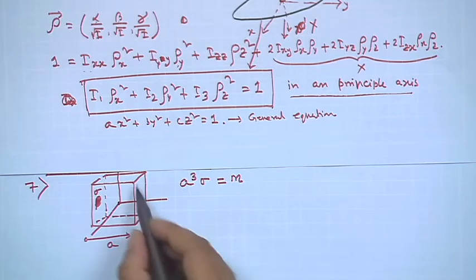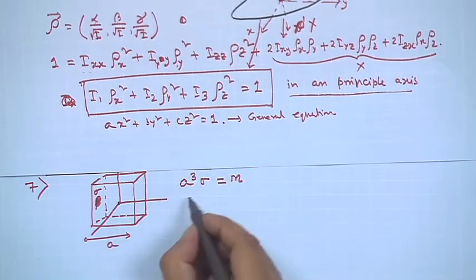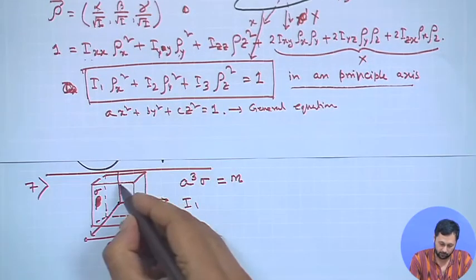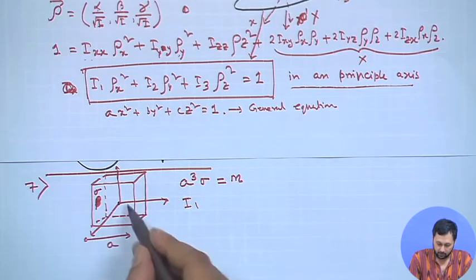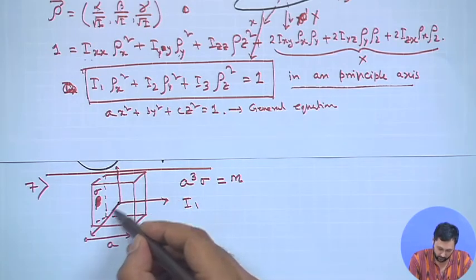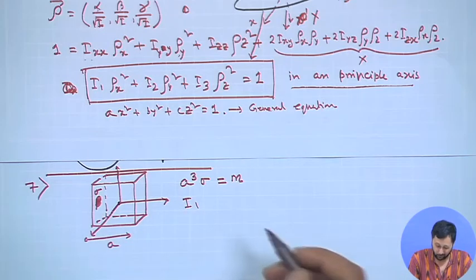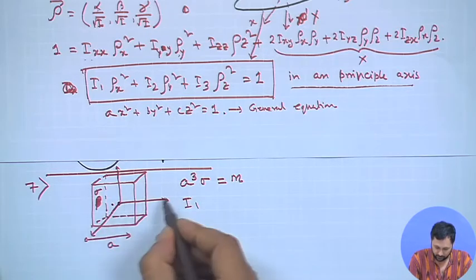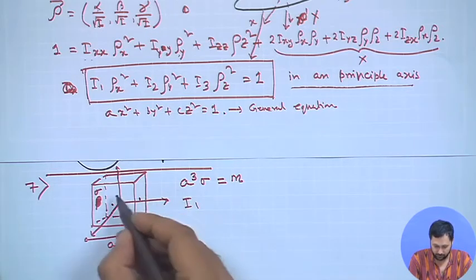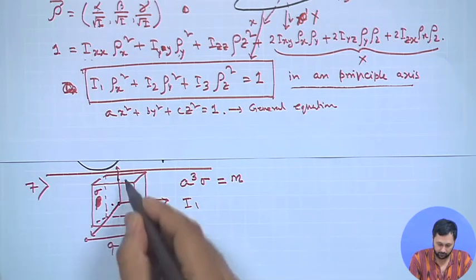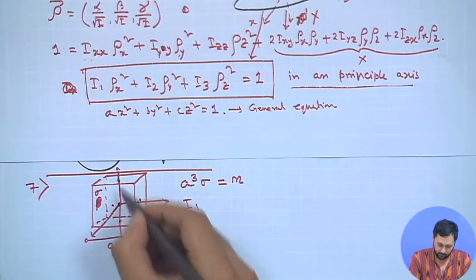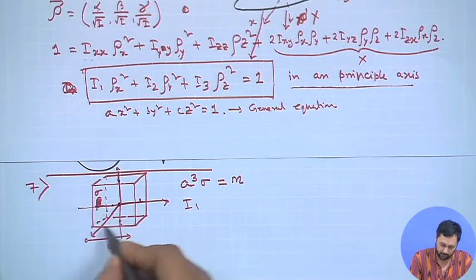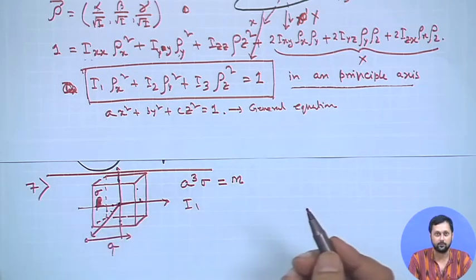Now, from the symmetry of the problem, we know that if I set these 3 axes, this is not a very good drawing, but one axis will pass through the center of this surface, the second axis through the center of this surface, and the third axis through the center of this surface. Basically, one axis goes through the center of these two opposite planes, another through the center of these two opposite planes, and this one through the center of these two opposite planes.